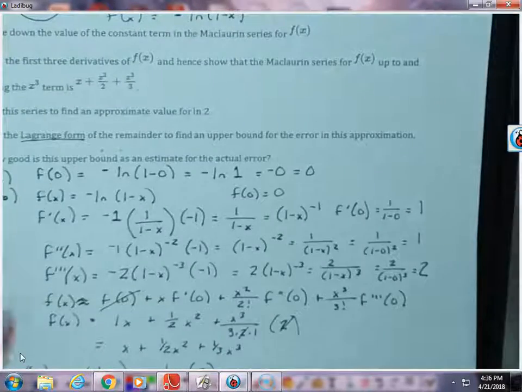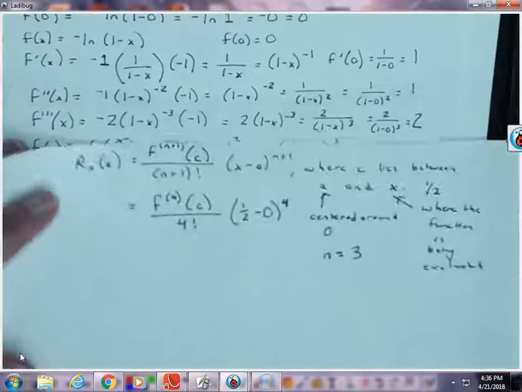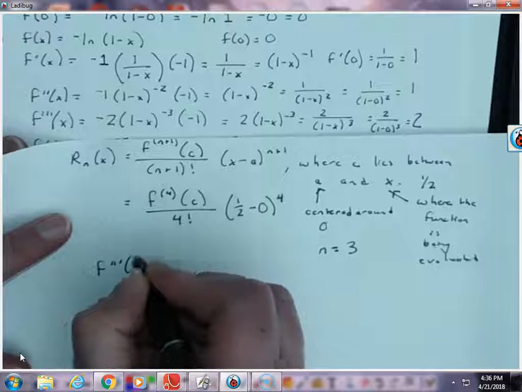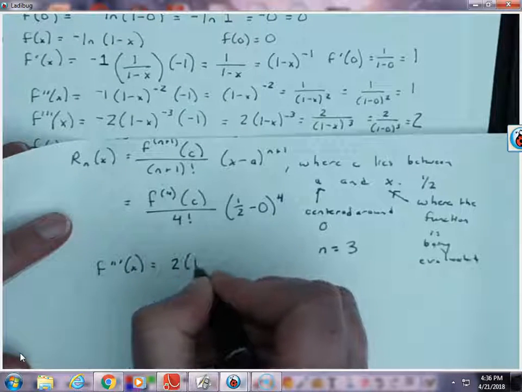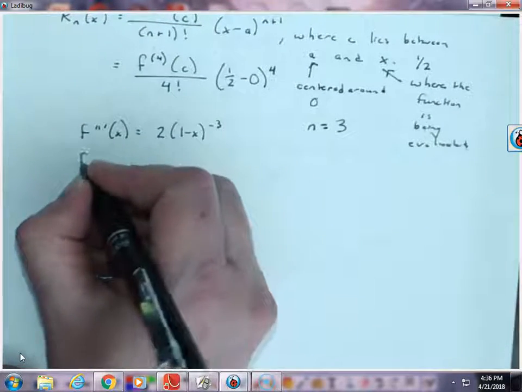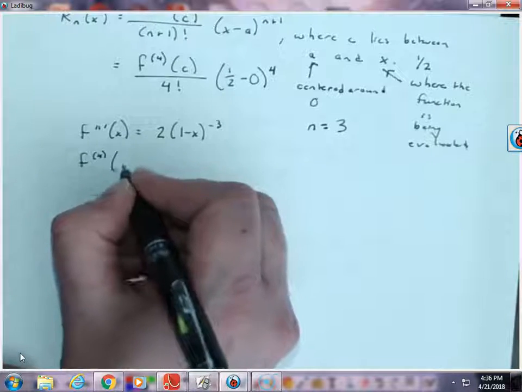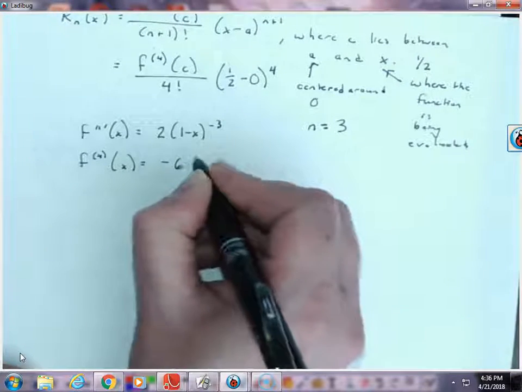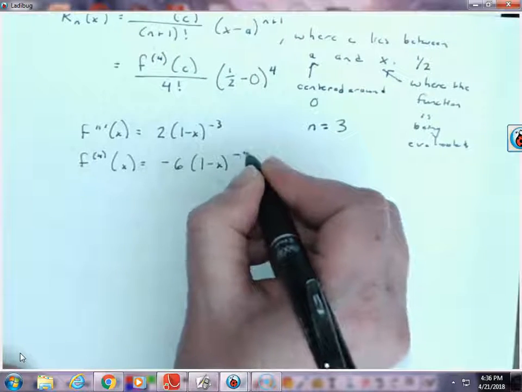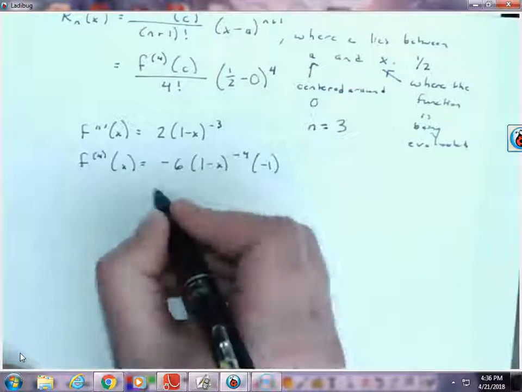So I'm going to go back over here. I had the 3rd derivative was 2 times 1 minus x to the negative 3. So I'll go ahead and take the 4th derivative. So that would be negative 6, multiply here, 1 minus x to the negative 4 times the derivative of the inside.